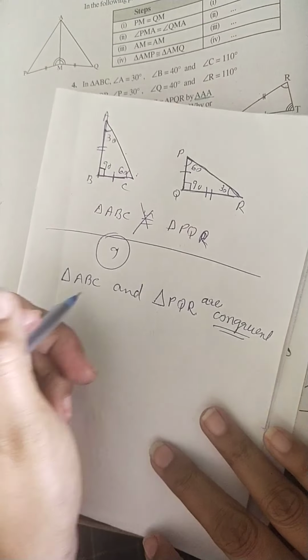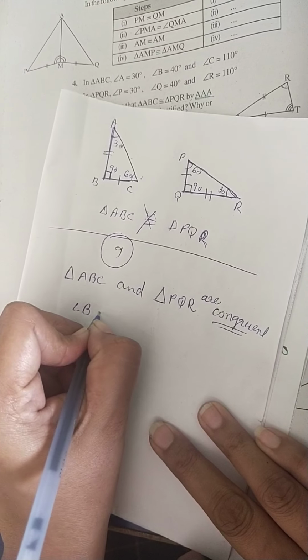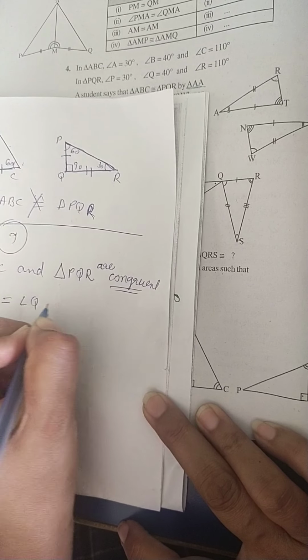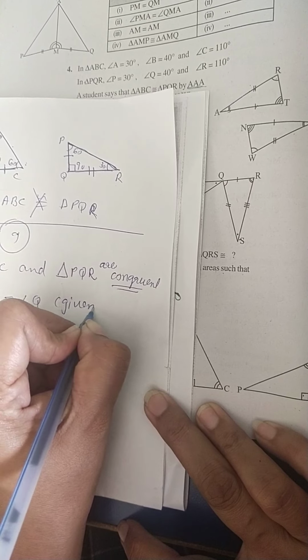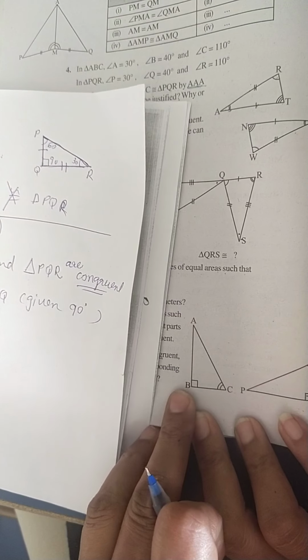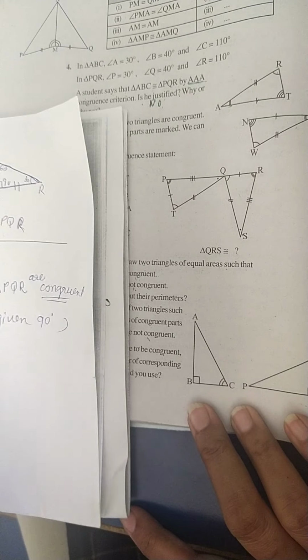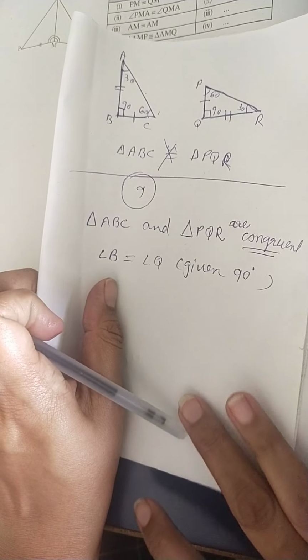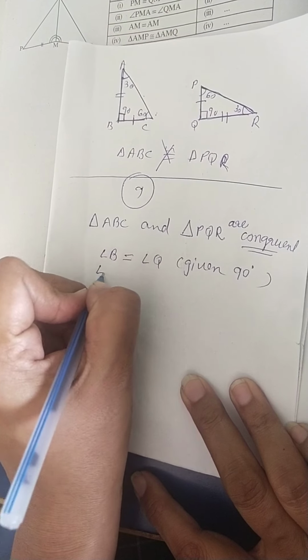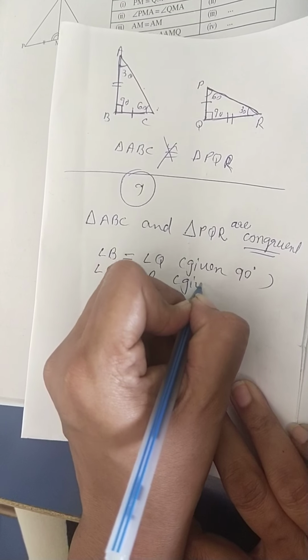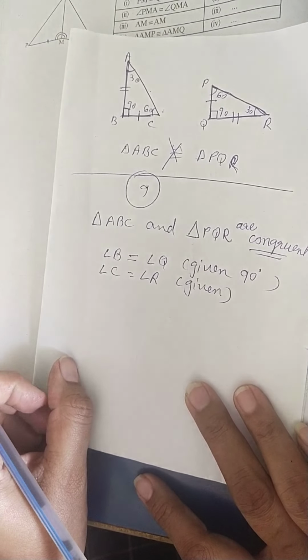Now check what is given. Angle B equal to angle Q. Angle Q is already given as 90 degrees, a right angle. Both are right angles. Yes, angle C equal to angle R is already given in the question.